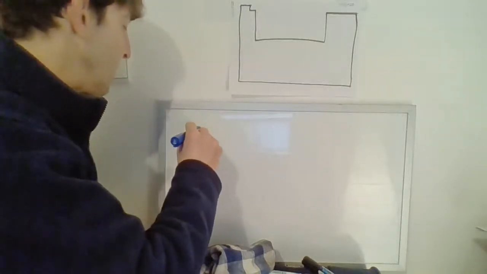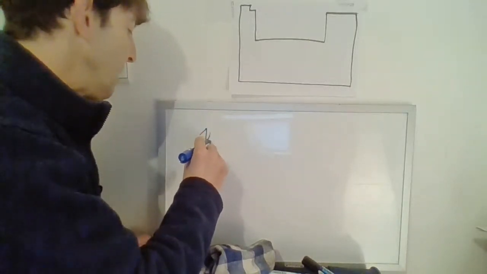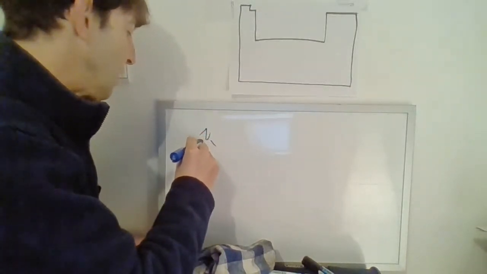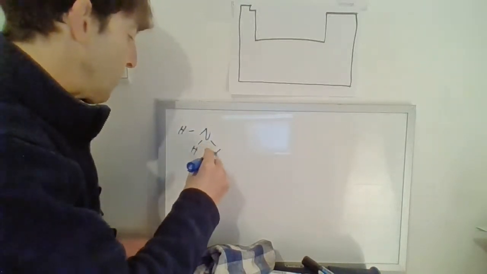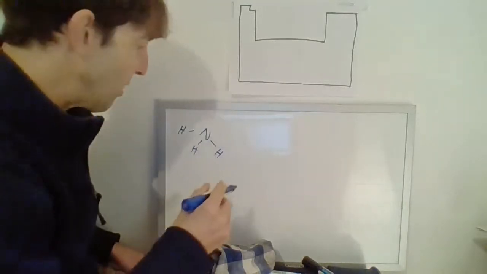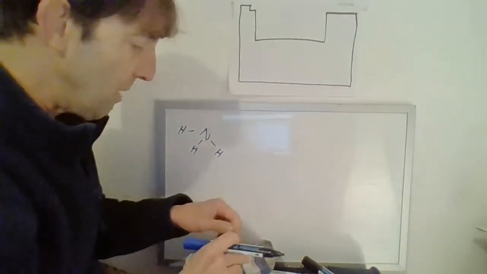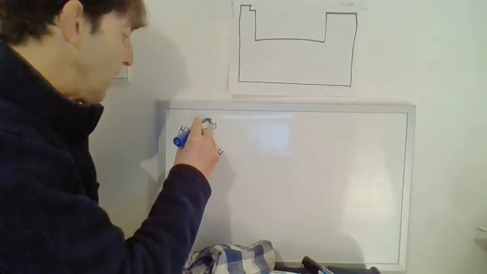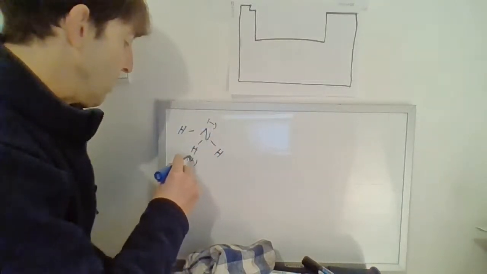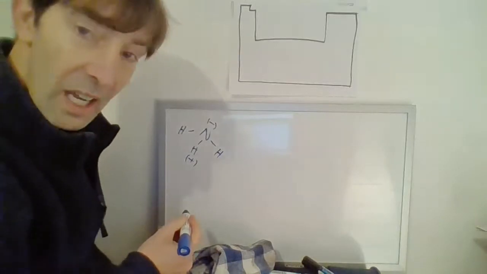Here's another one, N. And N is attached to three H's, but they're like this. It's not very symmetrical. So all the H's are on one side of N. So that means, you guessed it, the N is more negative and the H side is more positive. So this has a dipole.